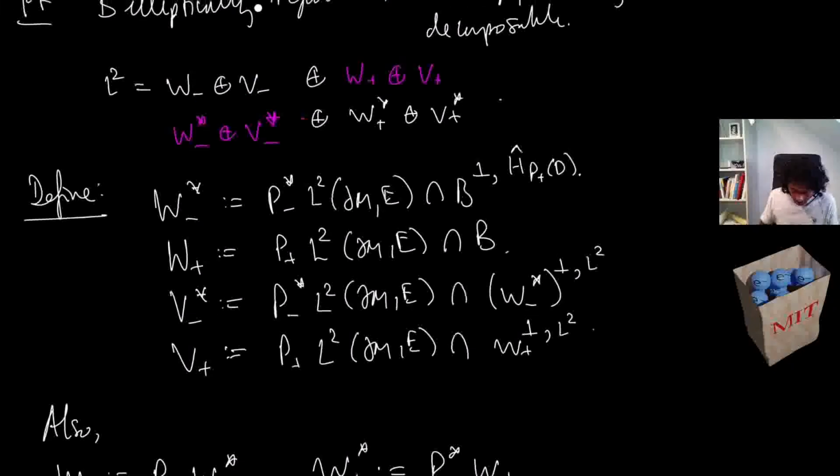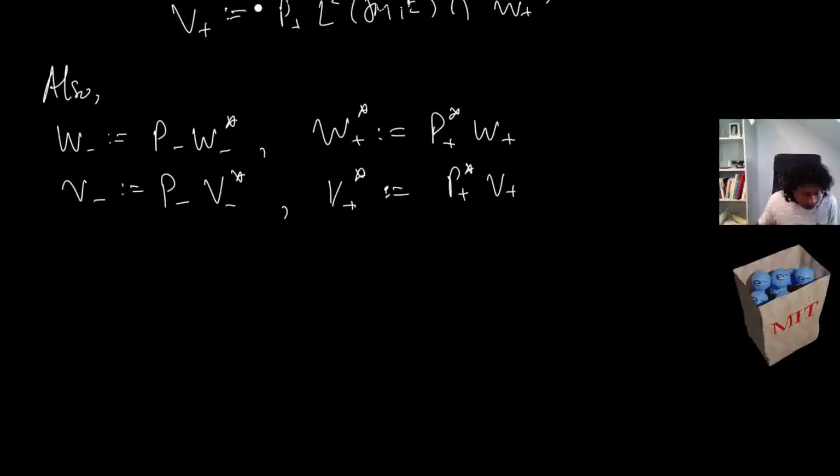So we have projectors here. This is P minus L2, and this is P plus, etc. What I'm really doing is pushing via the projectors from V minus star to obtain a space V minus. And of course we have to ensure that all of this makes sense.